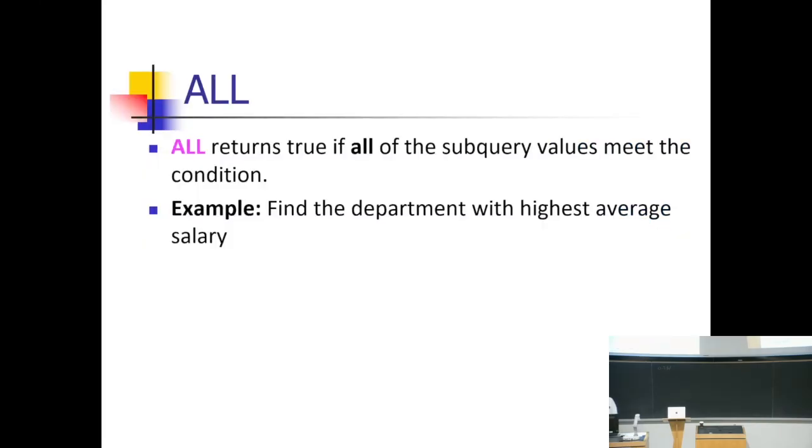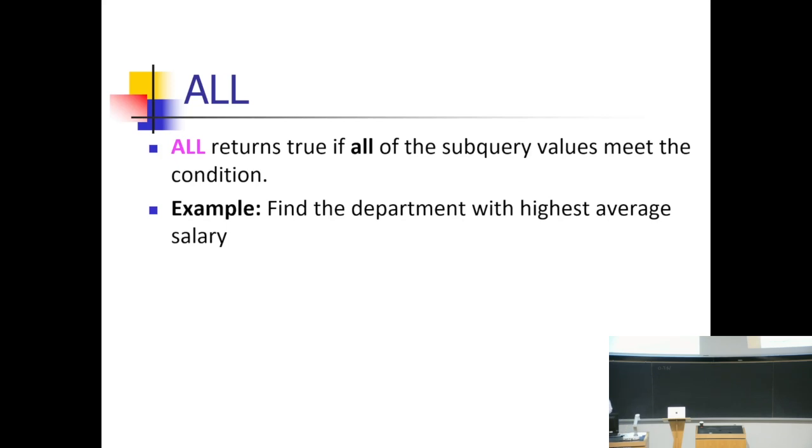And then all is similar, with the exception that here it returns true if all of the subquery values meet the condition. For example, we want to find departments with the highest average salary. If you recall, the salary information is in the staff table.